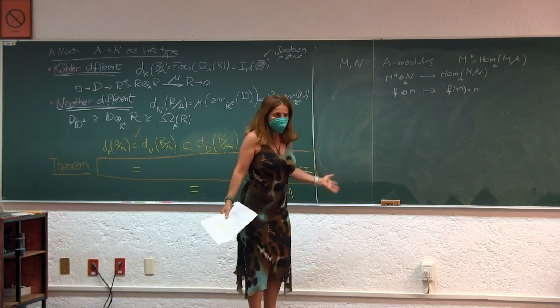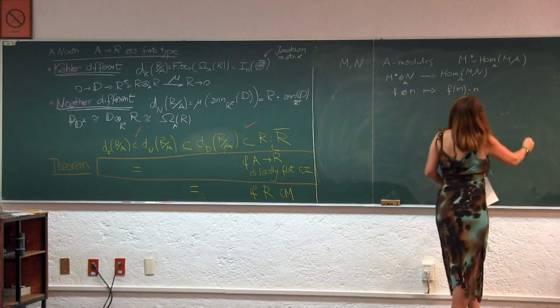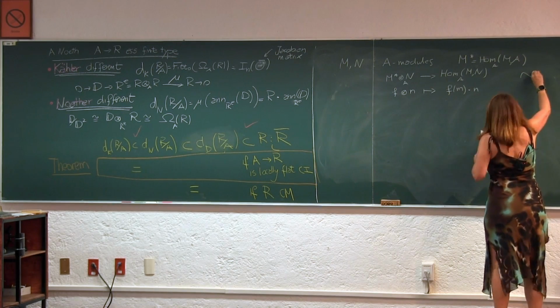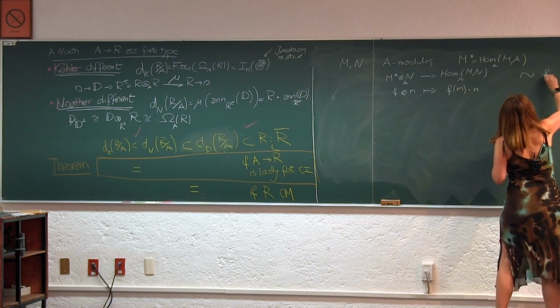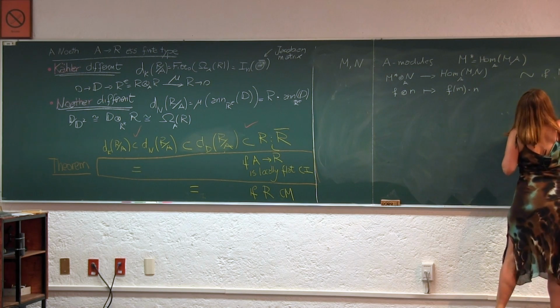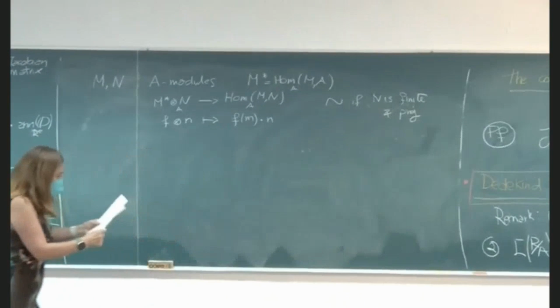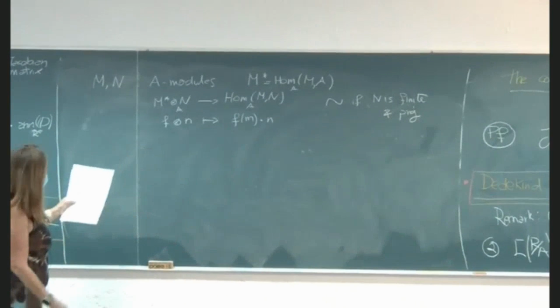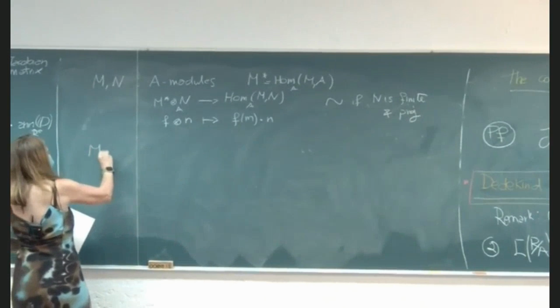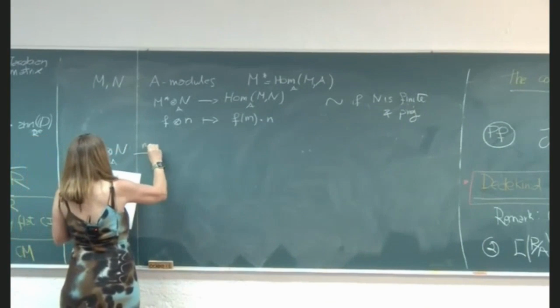You take an F, this is a map from M to A, a linear map. You tensor it with an element of N, and you simply send it to evaluation of F at m times n, okay? And this is well defined. And in particular, this map is an isomorphism if N is finite projective.